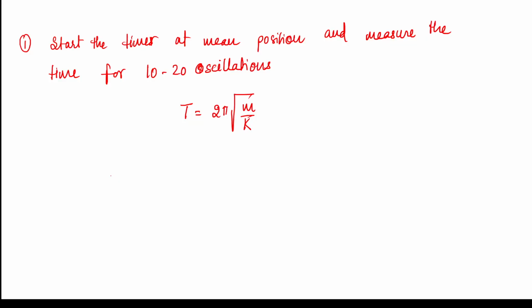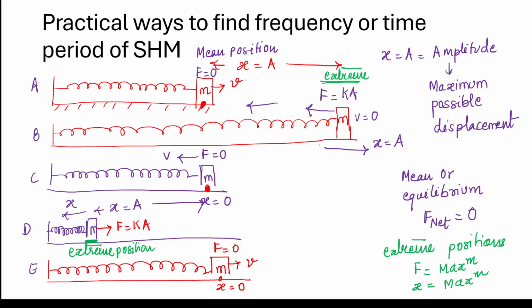Now, what we just need to understand from this diagram, apart from these methods, is the properties of the mean position and the properties of the extreme positions. So what is zero at the mean position? At the mean position, force is zero, displacement is zero.